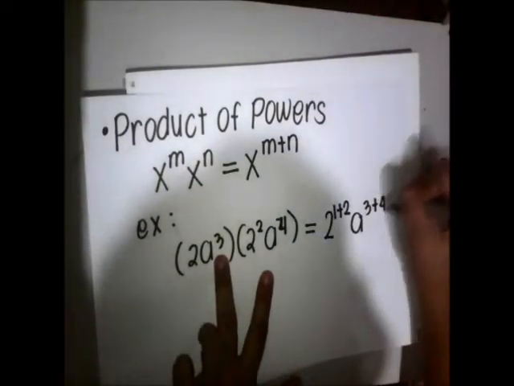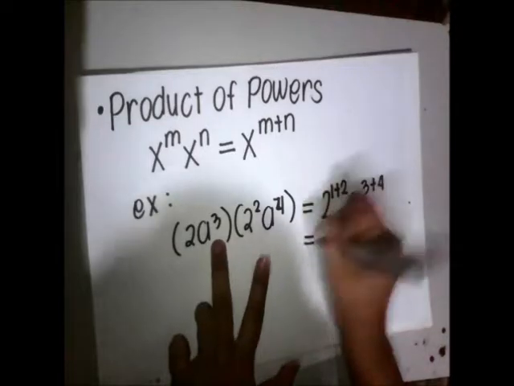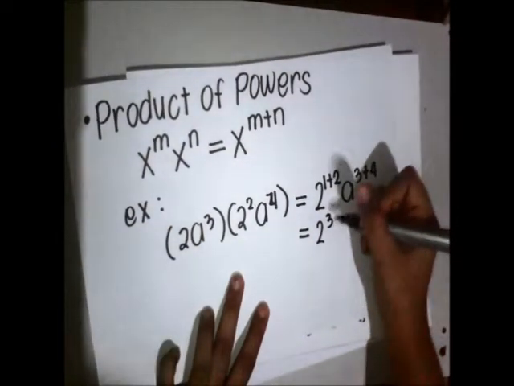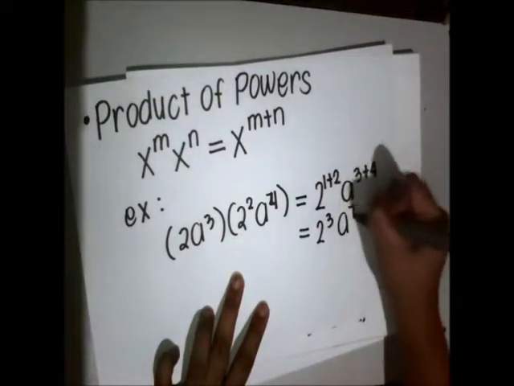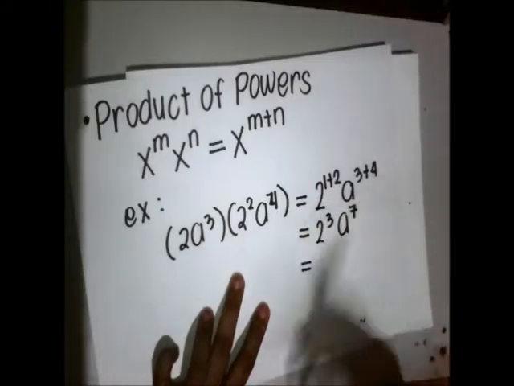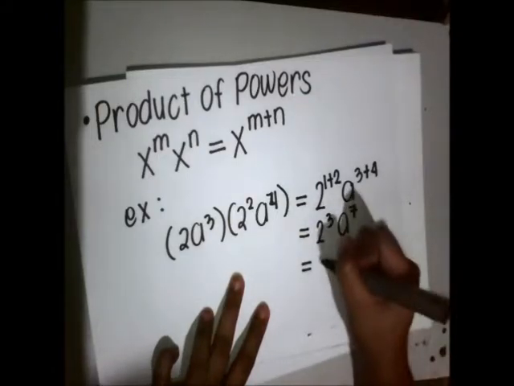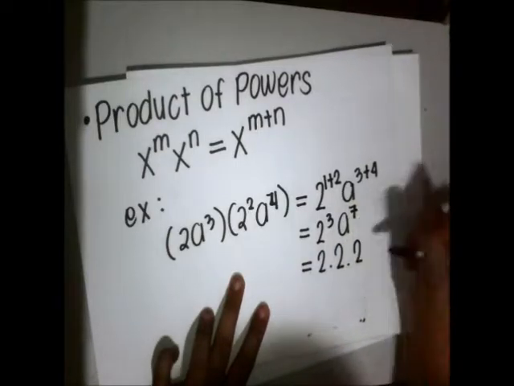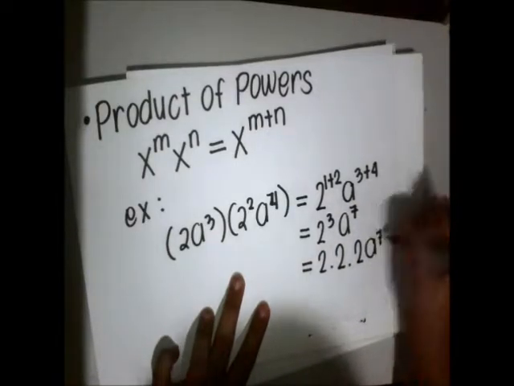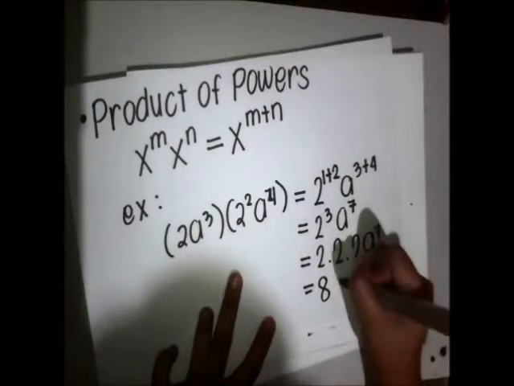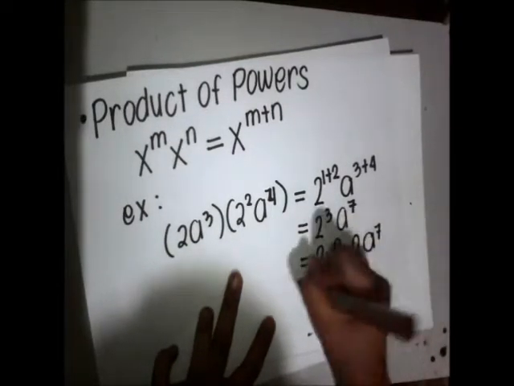So therefore, we can write this as 2 cubed a raised to 7. But for this 2 cubed, we can use the definition of an exponent. 2 times 2 times 2. So therefore, we have 8 times a raised to 7.